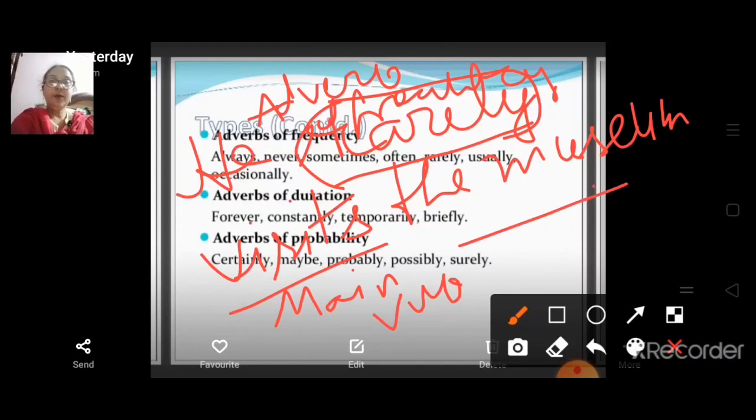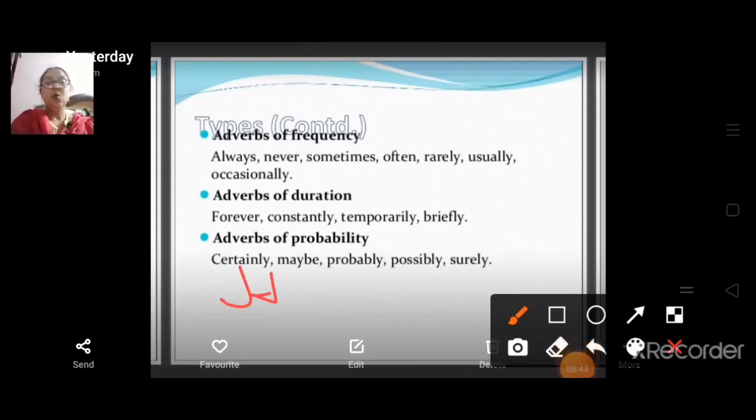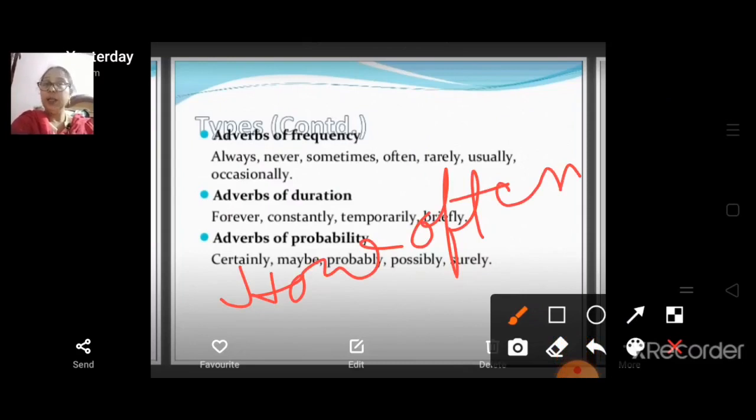So that is how we can understand. These are the adverbs that indicate how often an action takes place and answer the question how often. So an adverb of frequency gives the answer how often, or how many times something happened or is happening.